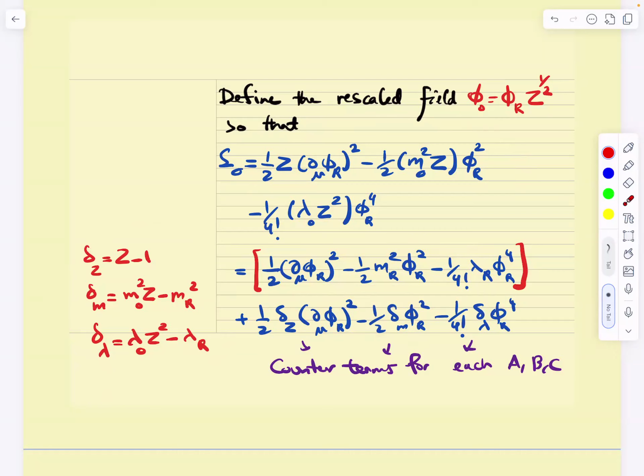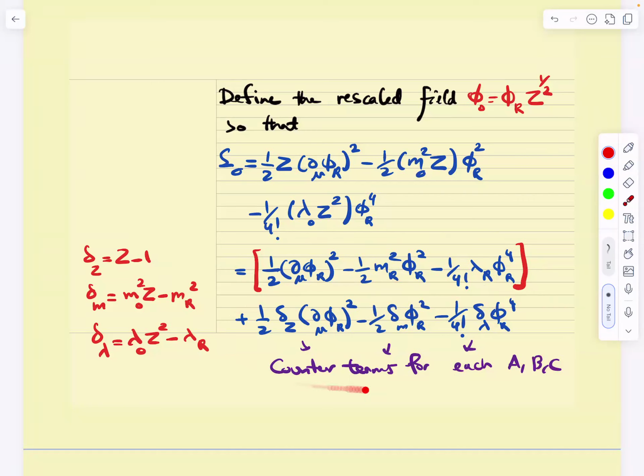It's just a repackaging of the initial action. I started with the bare Lagrangian in terms of bare parameters. I introduce a renormalized field and some renormalization value Z to the half. Using that, I rewrote my same Lagrangian as this plus a bunch of new terms.